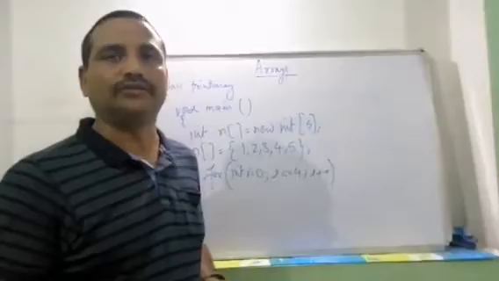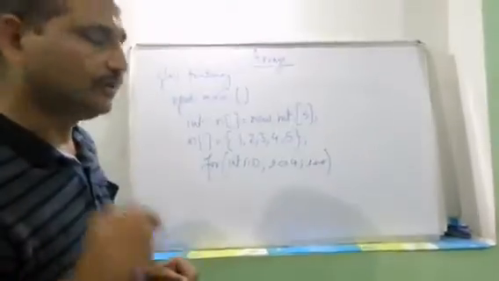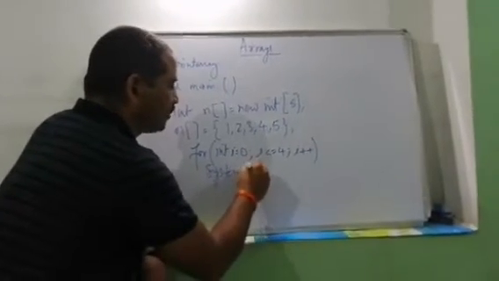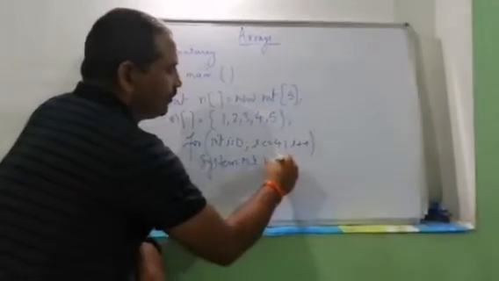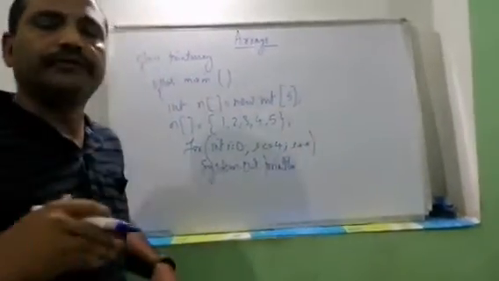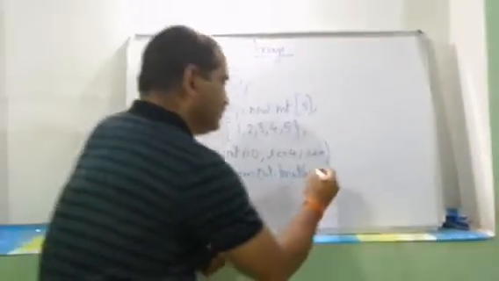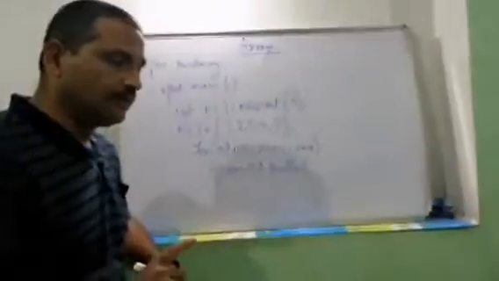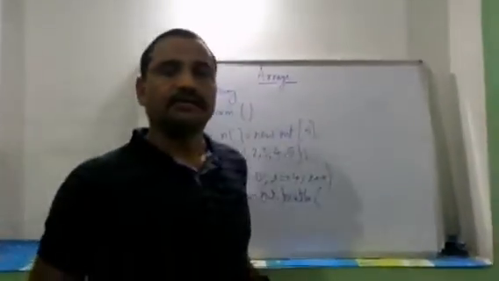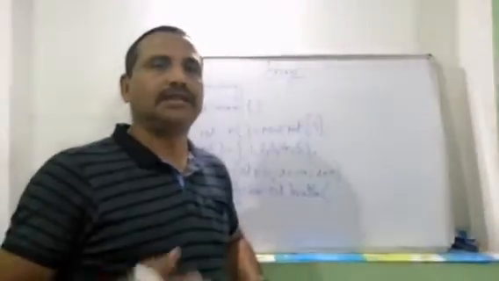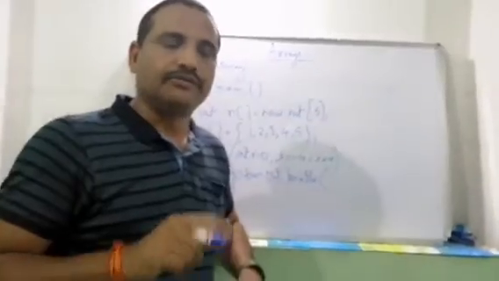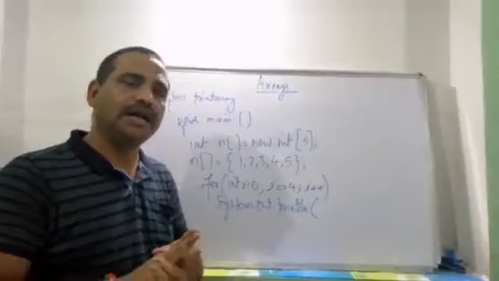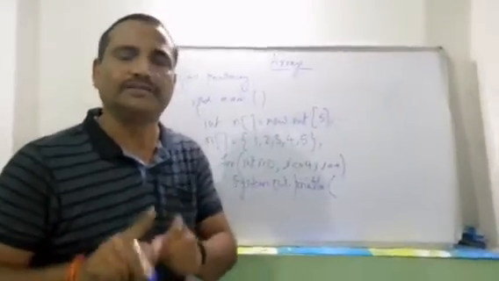Now we have to print the values. To print the values, we are using the statement System.out.println. We have to print in different lines. Inside this bracket, what do we have to write? I have explained: whenever we have to access any value of the array, first of all we have to write the name of the array variable, then inside the square bracket we have to write the index value.